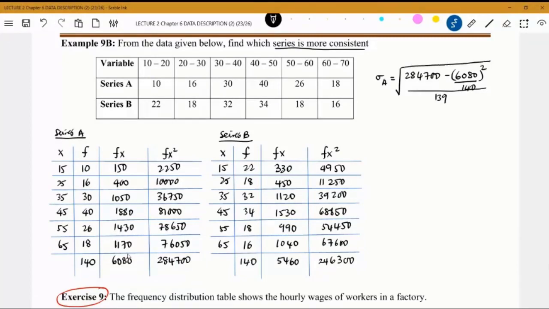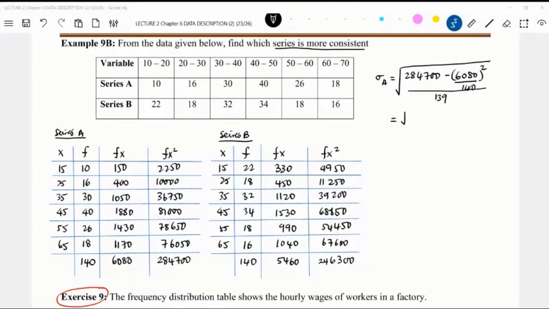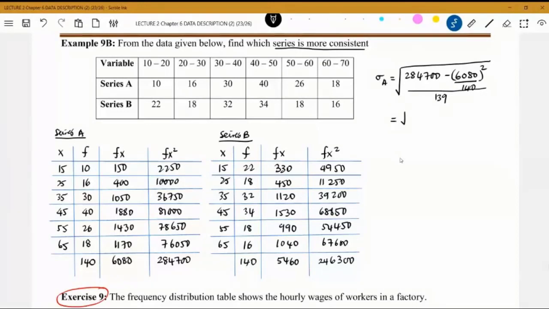Okay. Alright, so what value do we get? Inside the square root we get 148.59.